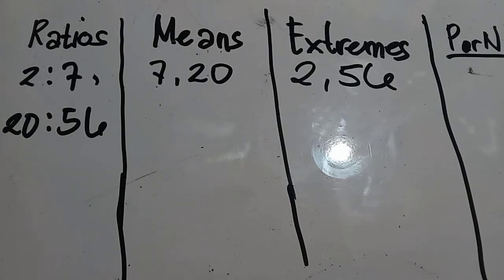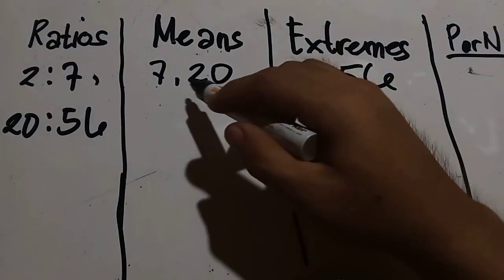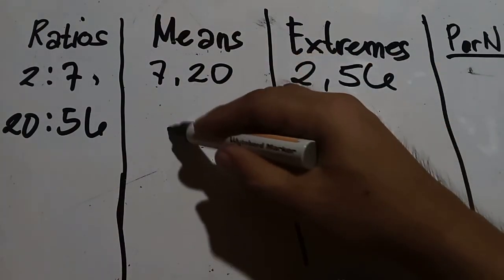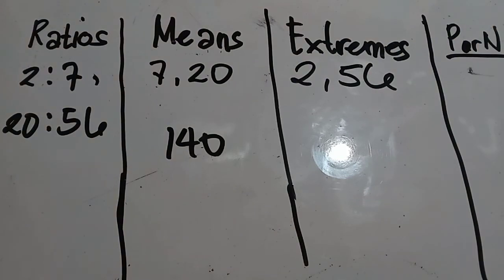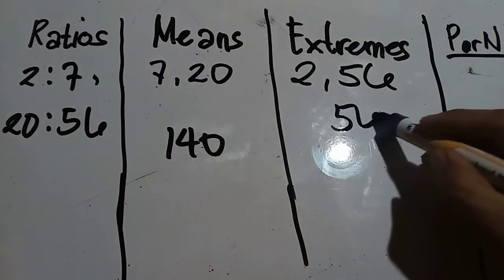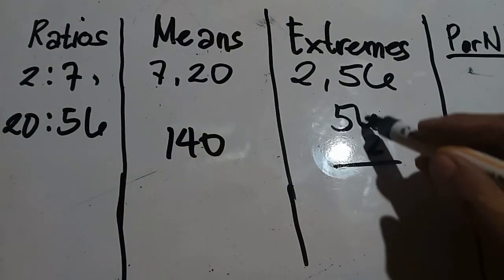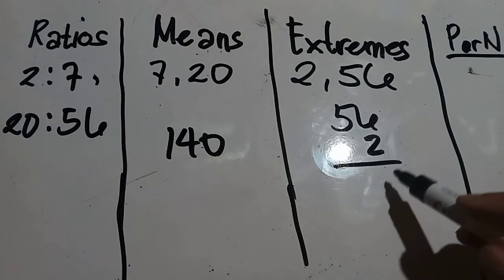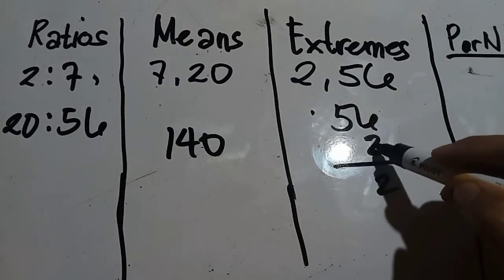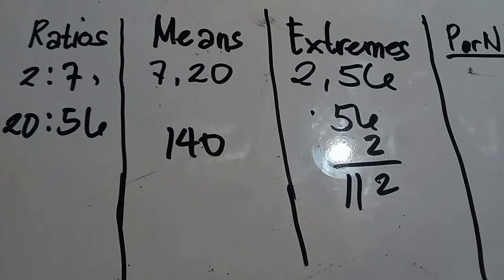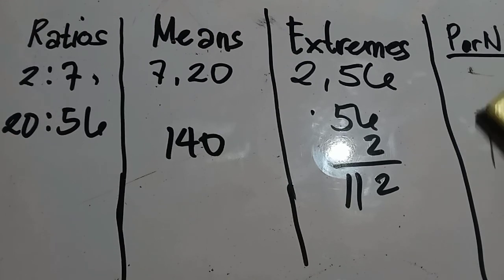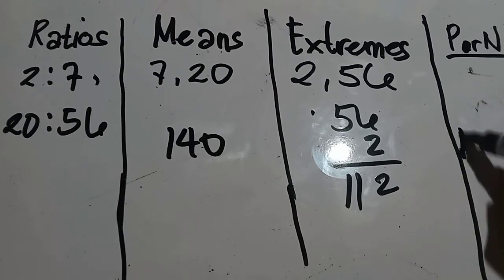So i-multiply natin. 7 times 20, that is 140. How about 2 times 56? 56 times 2, we have 2 times 6, that is 12. 2 times 5, 10 plus 1, 11. So 112. Is it equal? No. So ibig sabihin, ang ating problem ay not proportion.